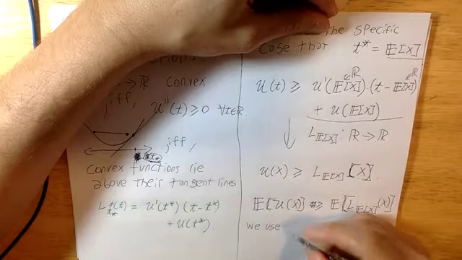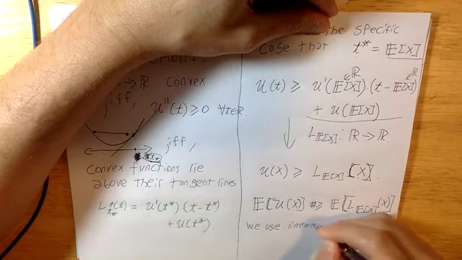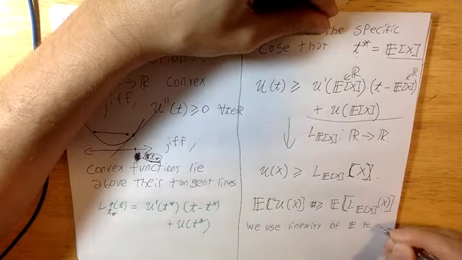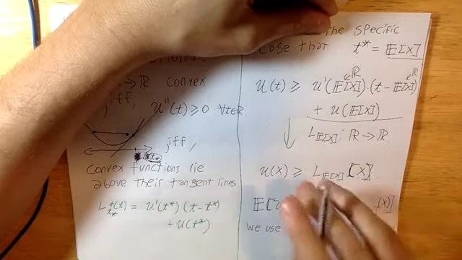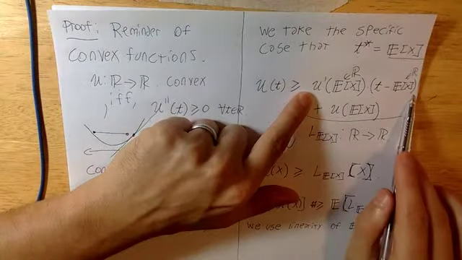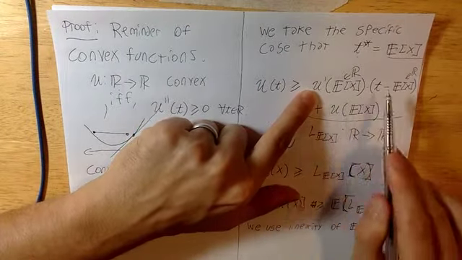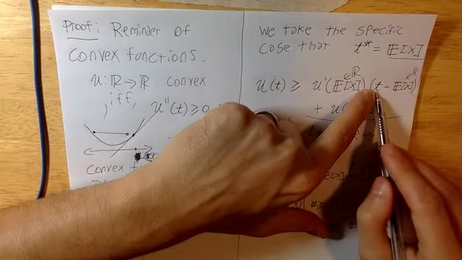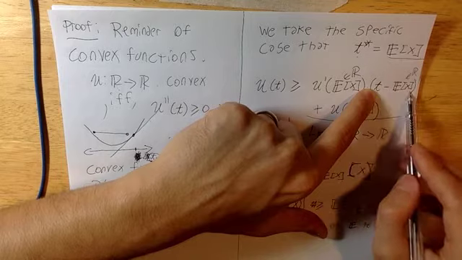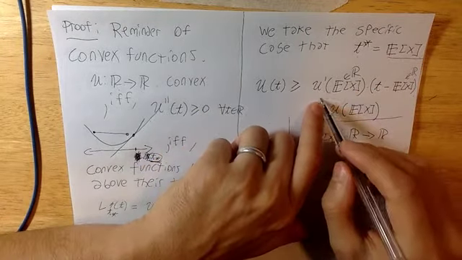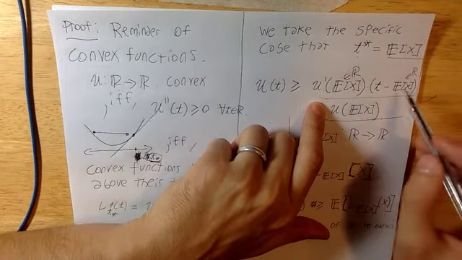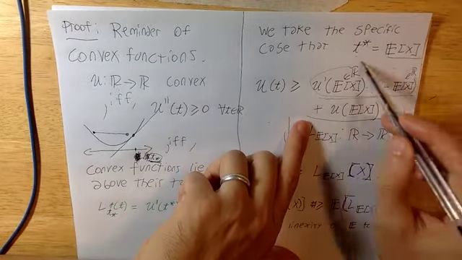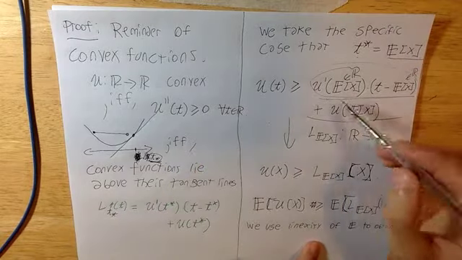We use linearity of expectation to obtain this. Basically what you do, you take the expectation on the right hand side. This is a constant, it comes out. This T is replaced by X. So when we take the expectation, you get the expectation of X. This is a constant, so it comes out as the expectation of X. So this term here disappears. The main point to realize is that this term, when you take expectation, you use the linearity to get that this is equal to 0.